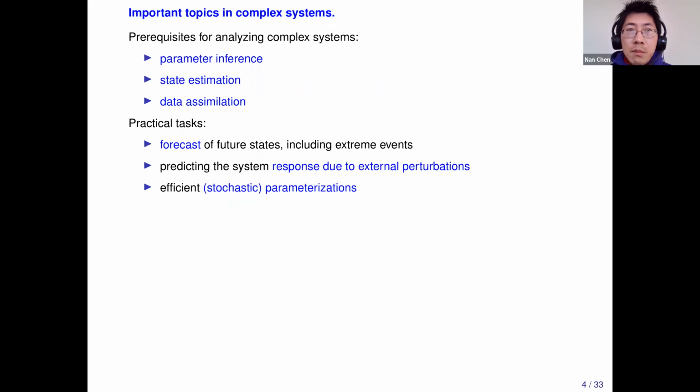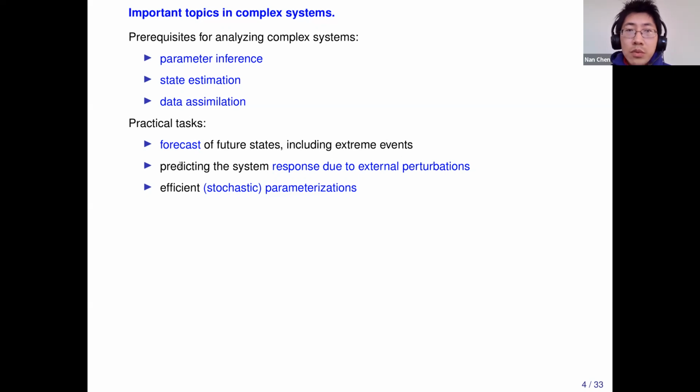So there are many very important topics in complex systems. There are some prerequisites for analyzing these systems. Some of those examples are parameter estimation and state estimation or data assimilation. And there are also a few practical tasks, like we try to forecast our future state, especially those extreme events, like extreme weather or climate events.